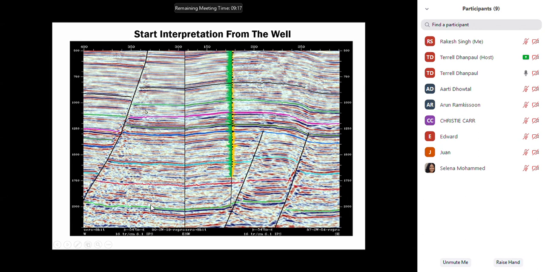So this is the downthrown side, and this is the upthrown side. Even here, you could possibly think about this as a possible area to drill. This is the downthrown side of this fault, so that's probably why they went after drilling on this flank of the fault. So all these are well markers, your well logs, your wavelet, your faults, etc.